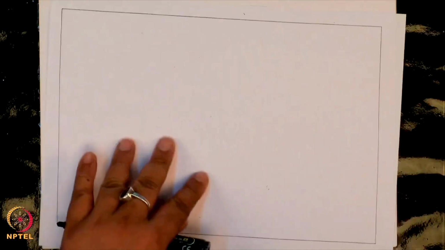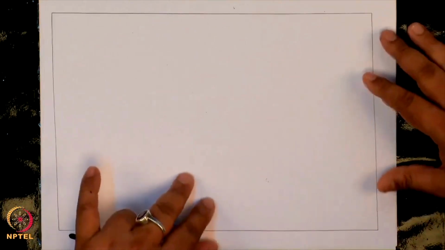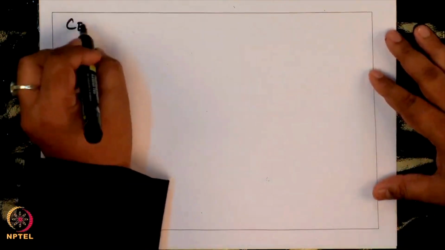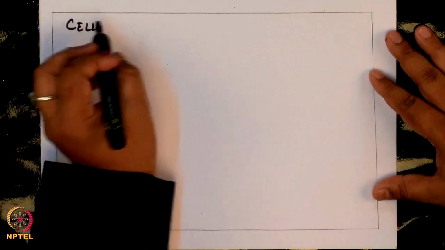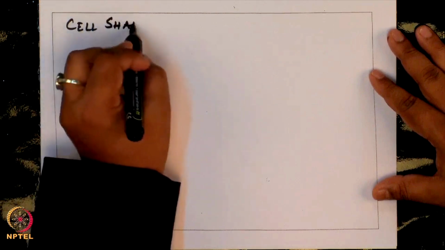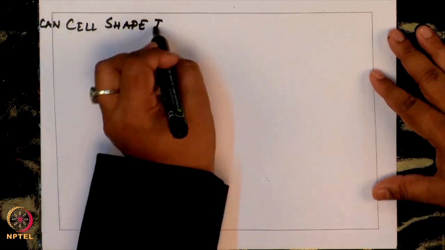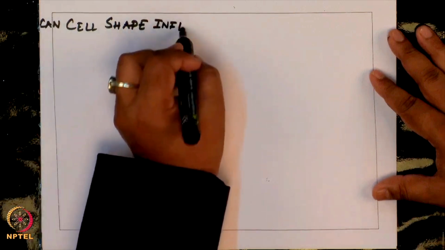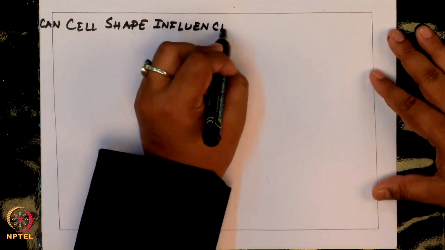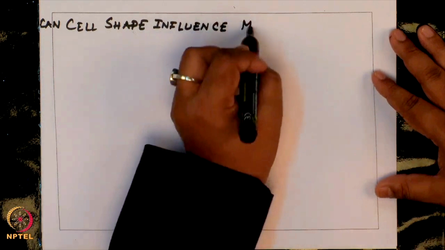Also, the cells touching each other might have a role to play in this adipogenic differentiation. So, to ask if cell shape alone, the question is, can cell shape influence MSC fate?